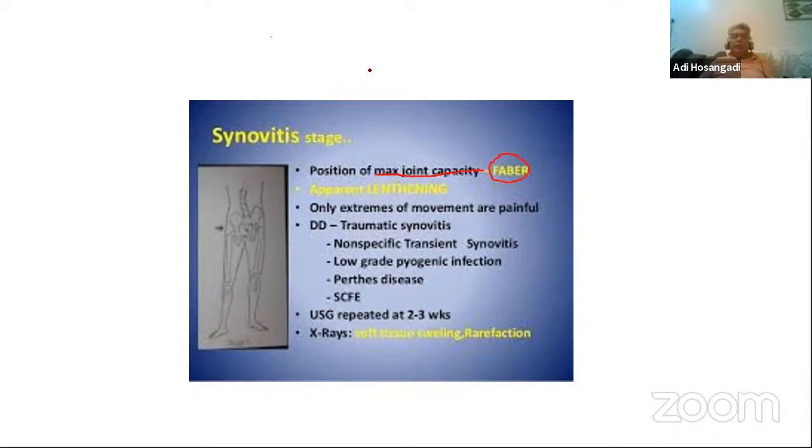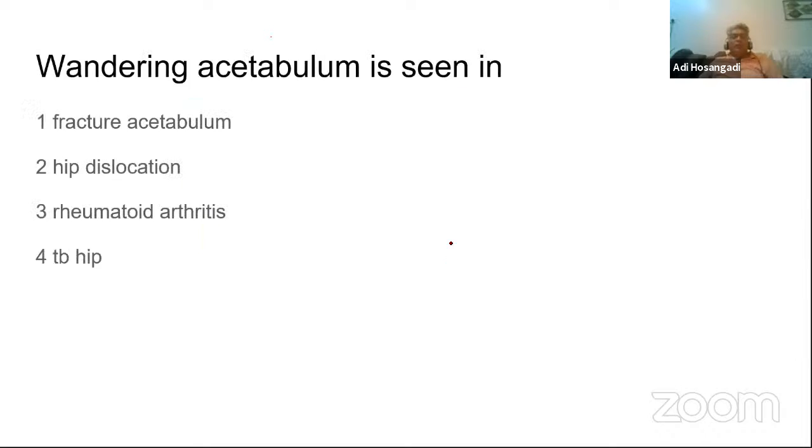Whenever you inflate a balloon, in the beginning it will be ellipsoid. Then when you inflate completely, it becomes spherical. A sphere is a maximum capacity volume. That's why when the joint capsule is swollen completely, it goes into flexion, abduction, external rotation.